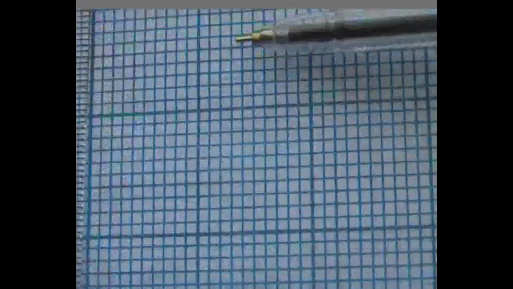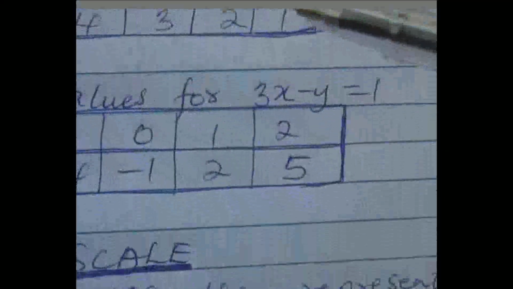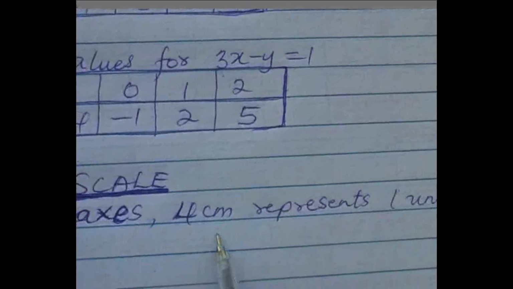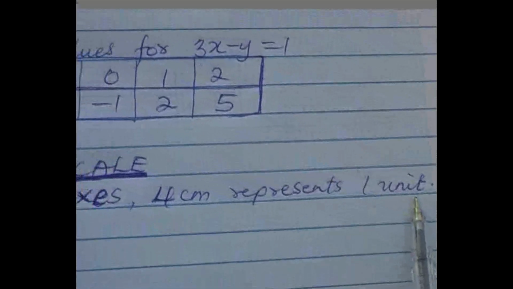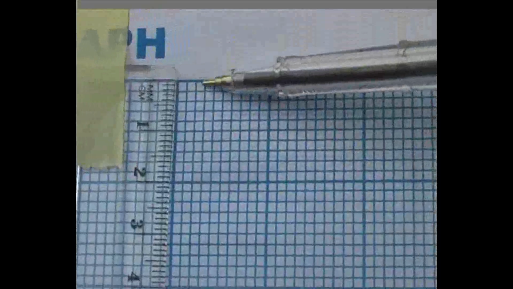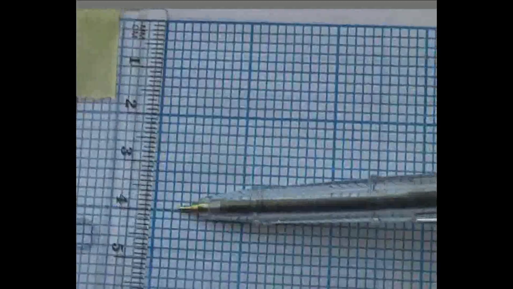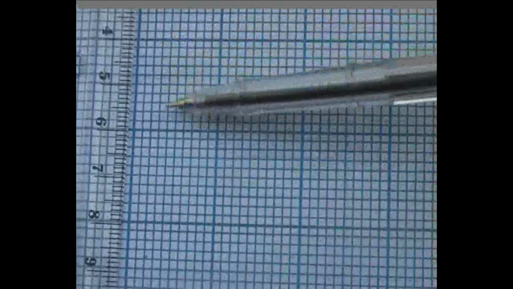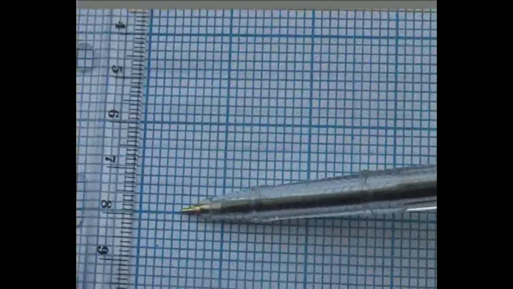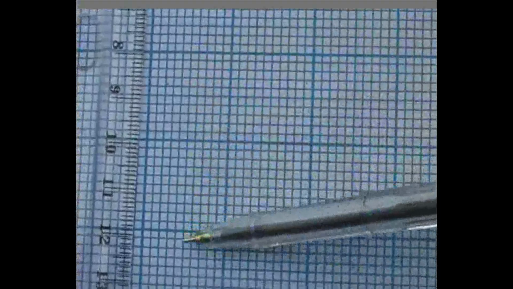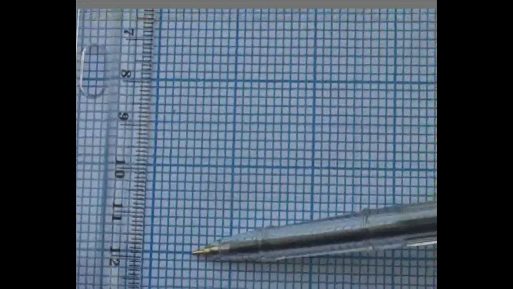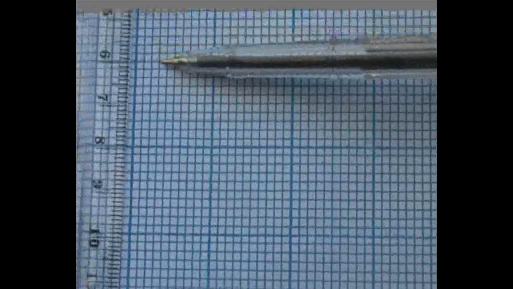Now, why we chose that 4 cm will represent 1 unit is that from here to here, we are going to have 1. From here to here, we're going to have 2. From here to here, we're going to have 3. So in between every 4 centimeters, we're going to have 1.